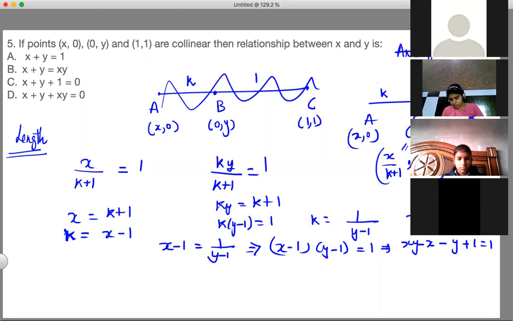So xy minus x minus y is equal to 0, or xy is equal to x plus y. So here it is, our relation has come.